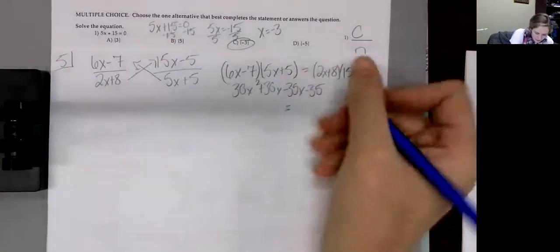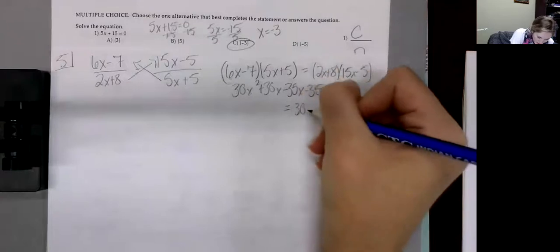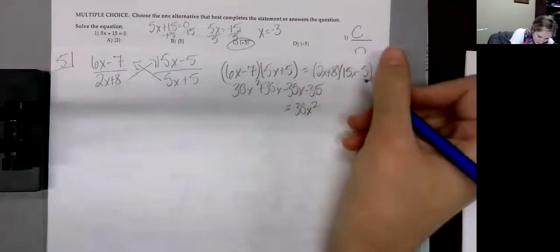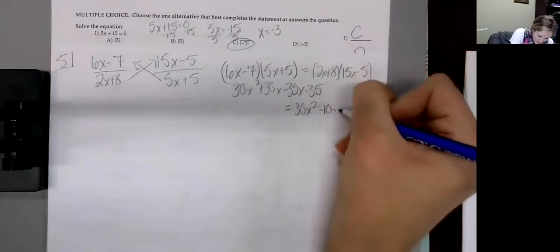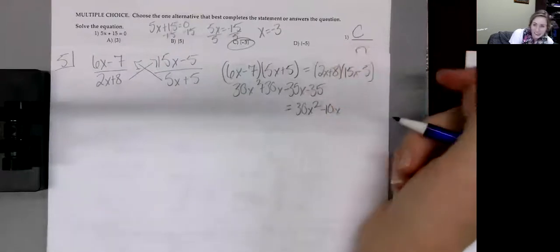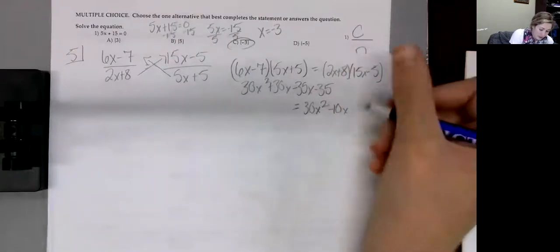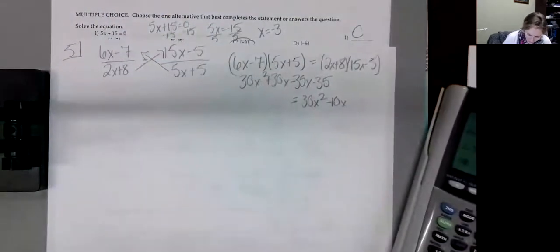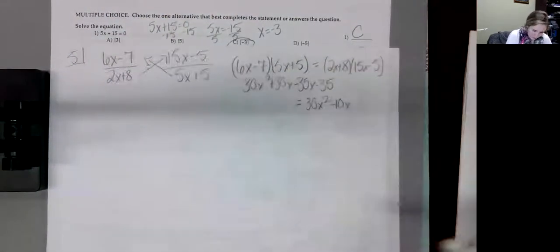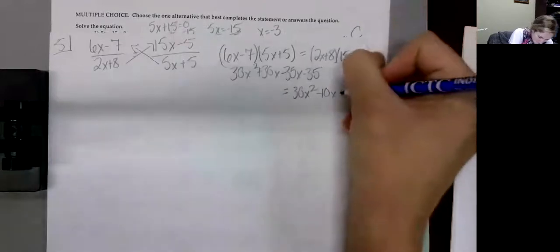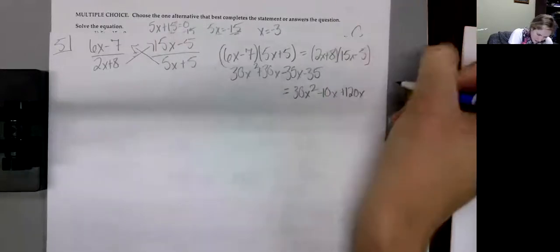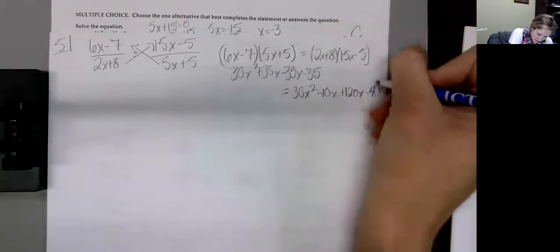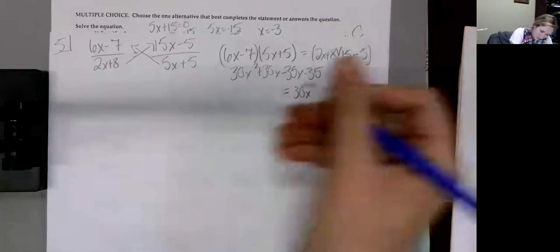All right, so 2x times 15x would be 30x squared. 2x times a negative 5 would be subtract 10x. 8 times 15x would be 120x. And 8 times 5 would be 40, and since it was subtract 5, it'll be subtract 40.